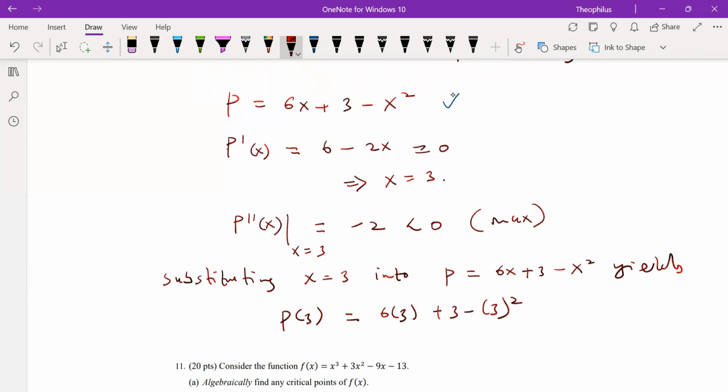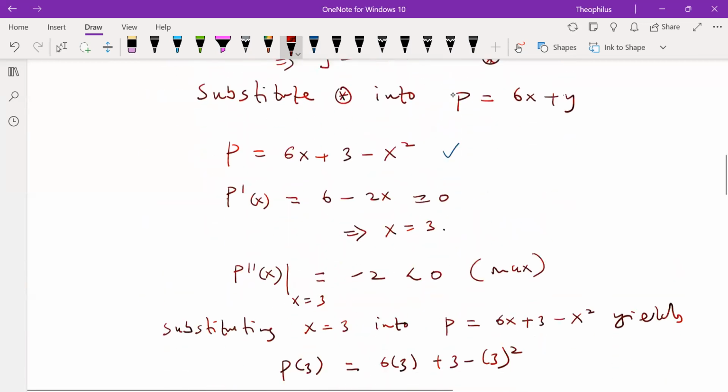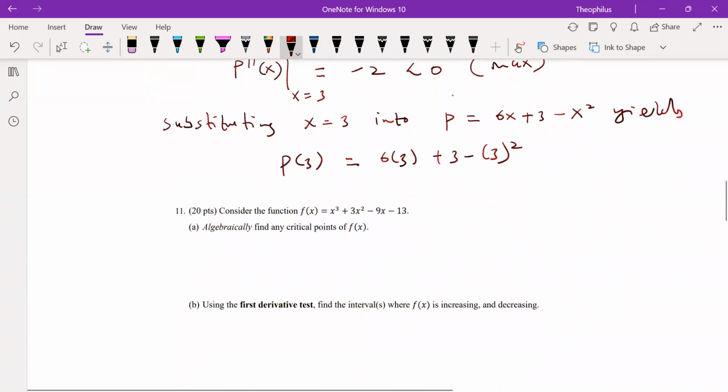Just gives you the result. So this brings us to the end of this particular problem.